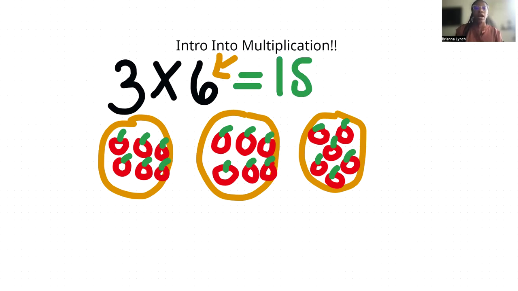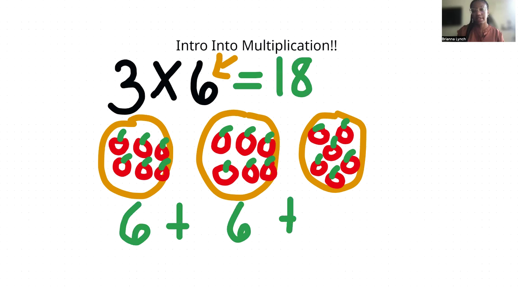Now, another way that we could do this as well is that if you notice, all we're doing is just adding 6, really. We're adding 6 3 times. So I could go 6 plus 6 plus 6. So if you can do it in your head, we know that 6 and 6 is a double.